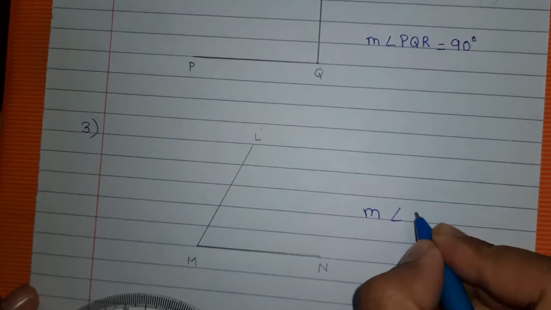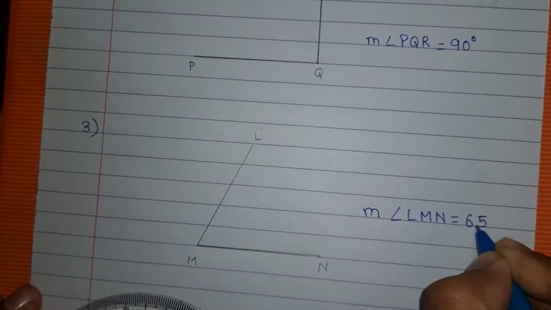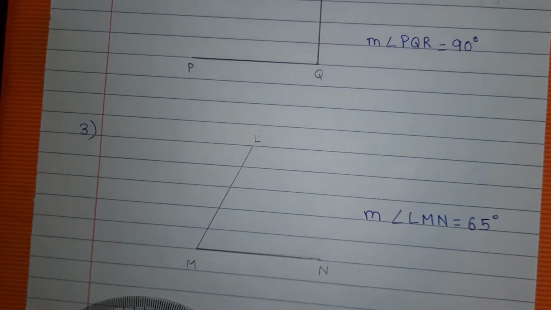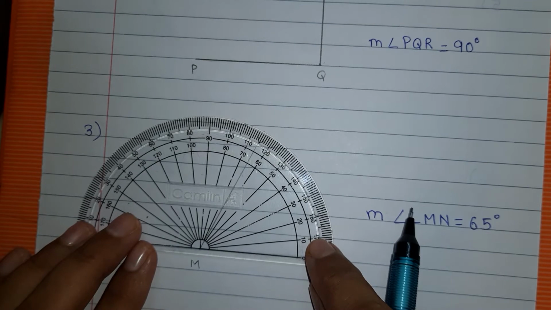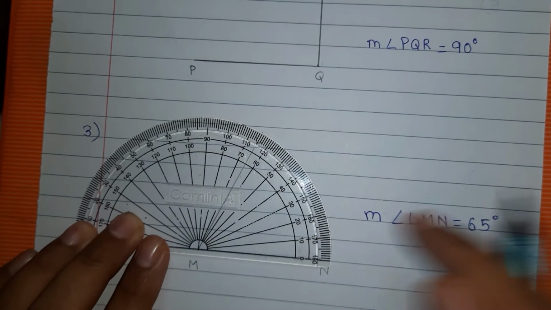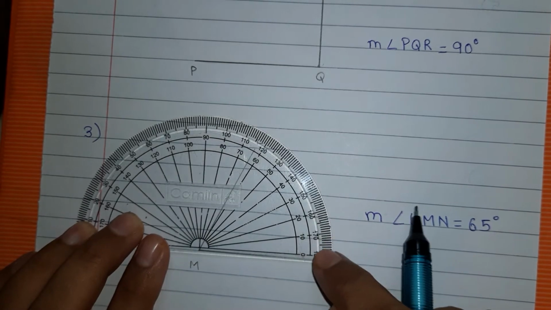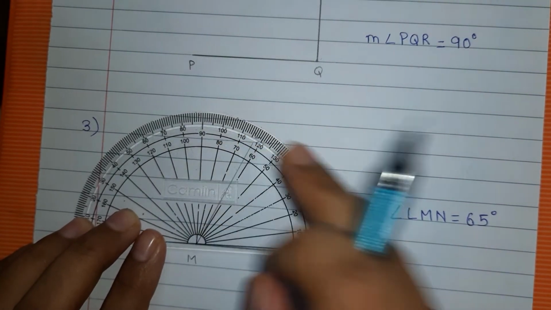So what is the measure of angle LMN? It is 65 degree. Once again I will show you. Keep the center on the vertex and baseline on our arm. If you just shift the baseline, then your measurement will become wrong.